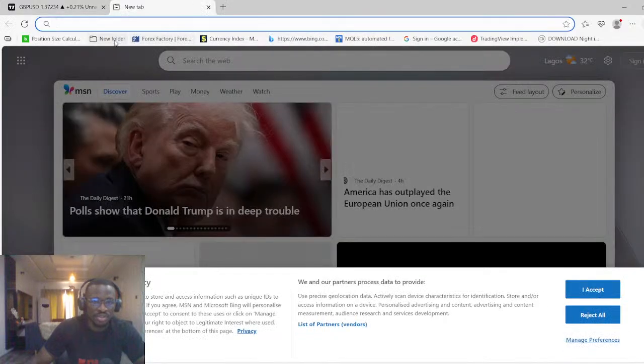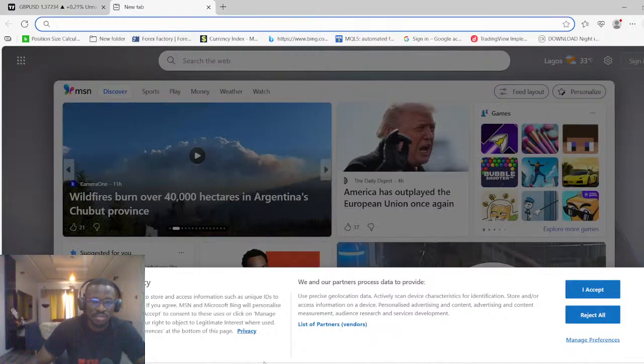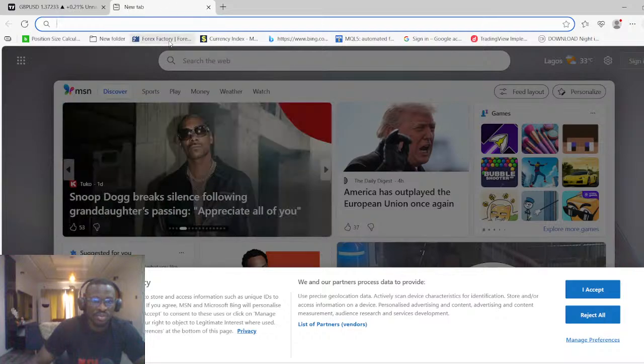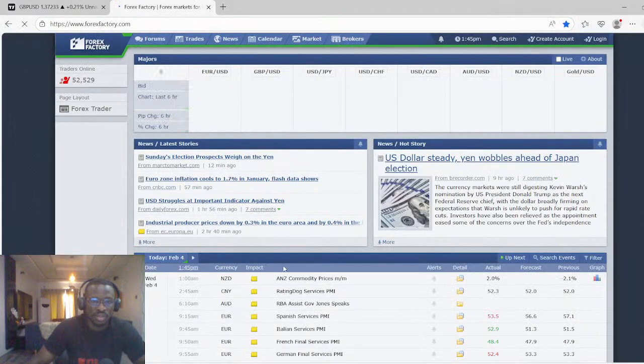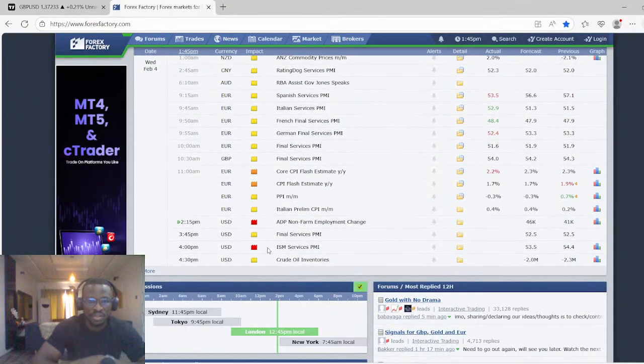The news is actually going to help us get a little bit of idea as to whatever we are looking forward to doing going forward in this market. So today happens to be Wednesday, and we are going to be having a news by 15 minutes past 2 p.m. GMT. That's to see what the red folder is all about.